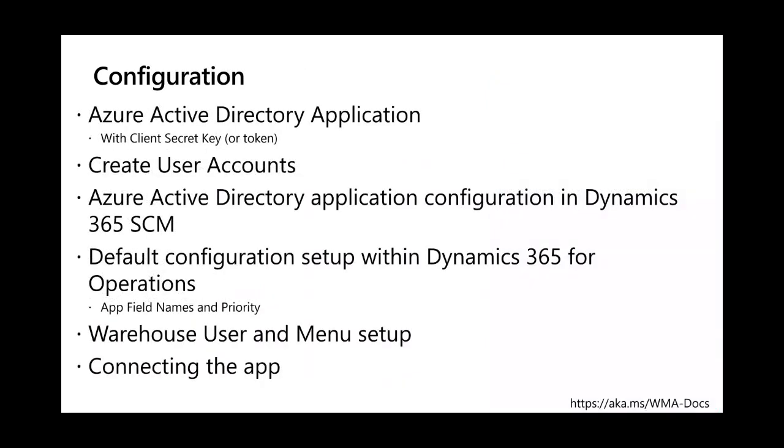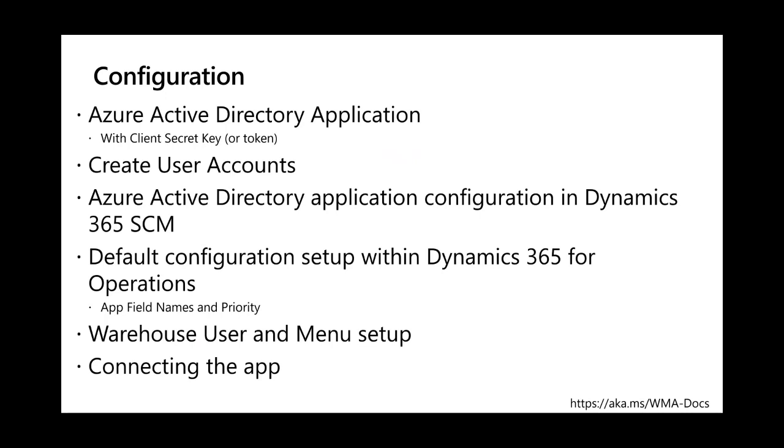Okay, so that was a pretty detailed look at the various configuration steps required to get the app up and running against a Dynamics environment. We looked at the necessary step in the Azure portal and how we can create an application registration with an associated client secret or an uploaded certificate.